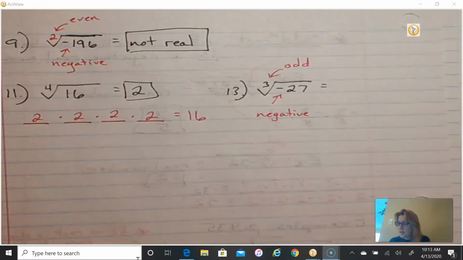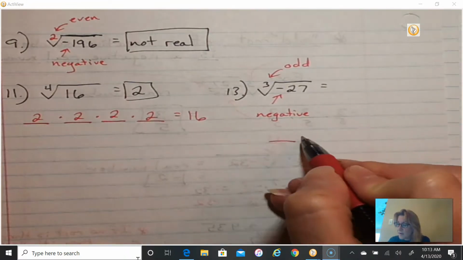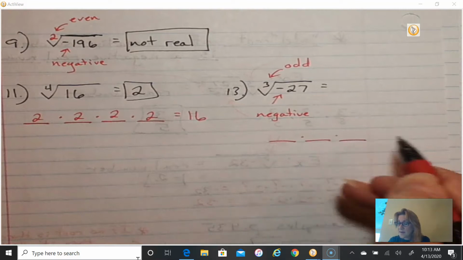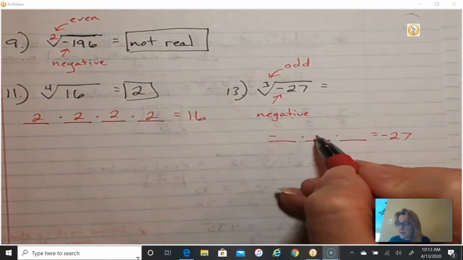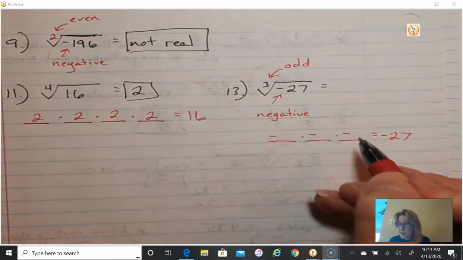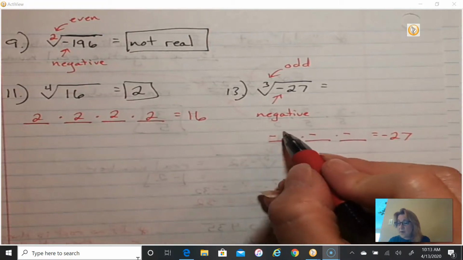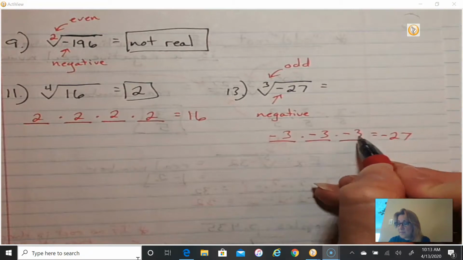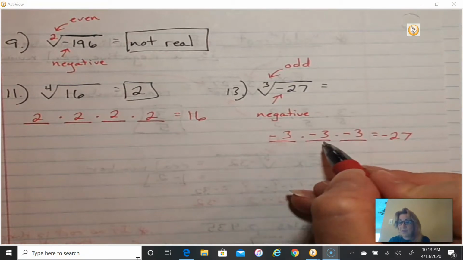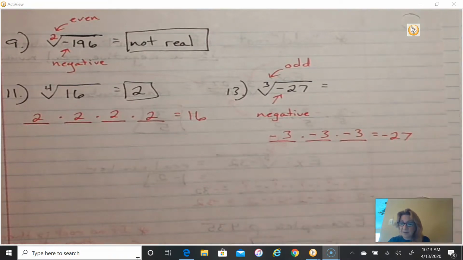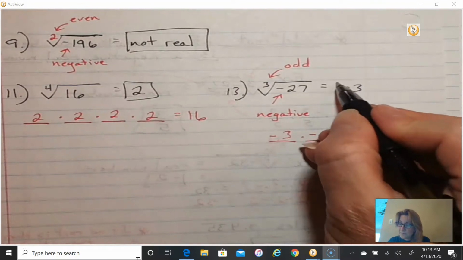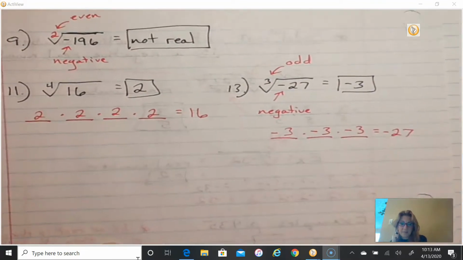And again, we're looking at what number times itself 3 times is going to give us a negative 27. And it has to be a negative number. And negative 3 will work. Negative 3 times negative 3 is a positive 9. Positive 9 times negative 3 is negative 27.